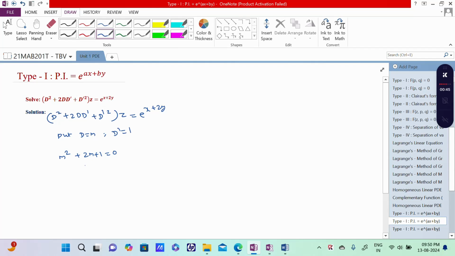We can use the product rule, quadratic formula, or calculator to calculate the roots. The product is 1 into 1, the sum is 1 plus 1, 2. Therefore (m plus 1) squared equal to 0, so m equal to minus 1. The roots are equal.